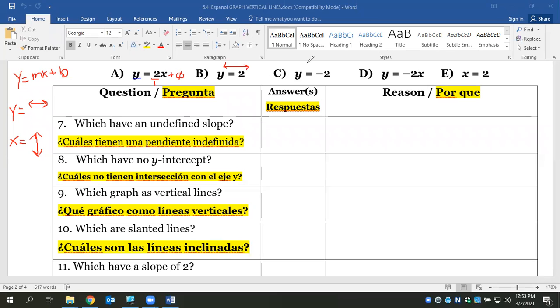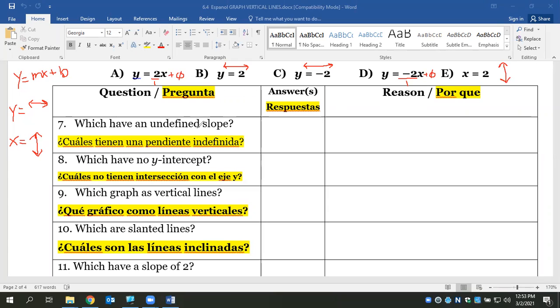If it's y equals -2, it's just going to be a horizontal line, and it's going to happen at the -2 spot. This is going to happen at the 2 spot. This says y equals -2x. So that means it's missing the 0. Because see what's the difference? It has the x. Whenever you see that x, it lets you know that it's actually slope-intercept form. And this one says x equals 2. So if it's x only, x equals, then it's straight up and down, vertical.